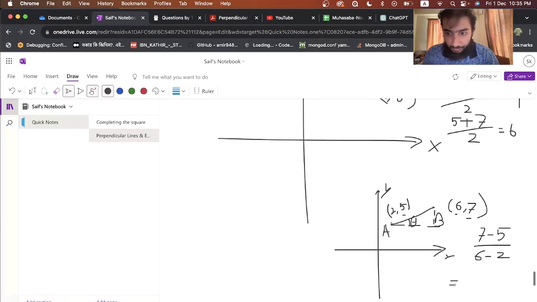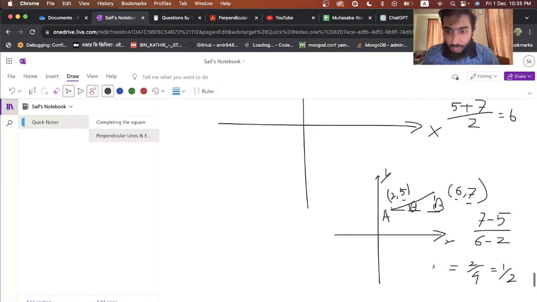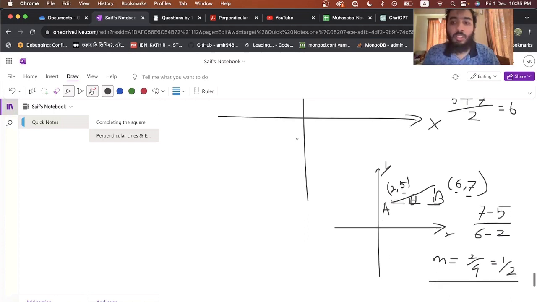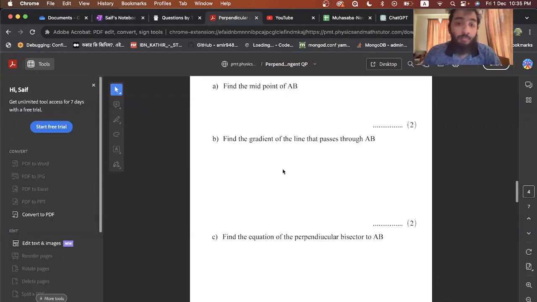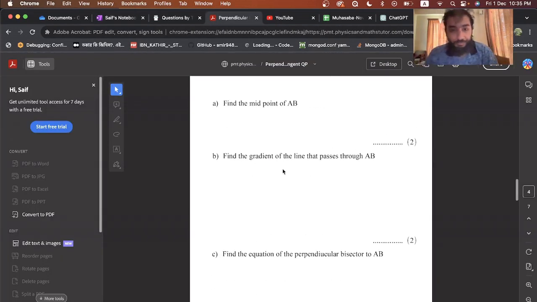So this is 2 by 4, which is half. So if the slope is m, m is half. This is the slope, the difference of y coordinates divided by the difference of x coordinates. So this is the slope or the gradient.